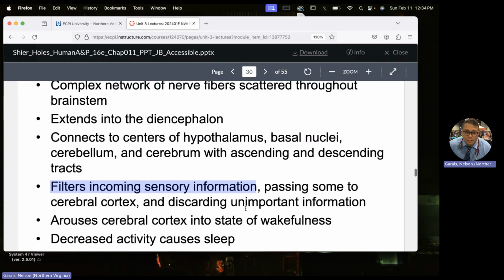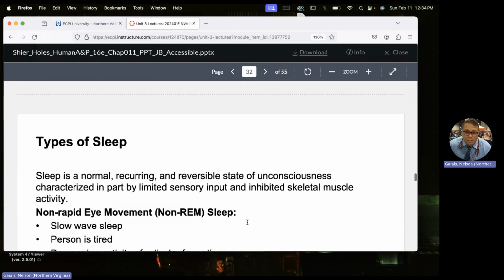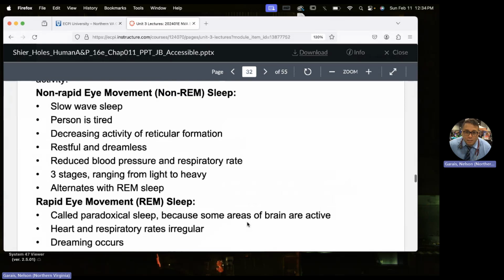So this, along with your thalamus, figures out what's important, what's not important, because you don't need to know everything. And that's what I'm doing with this video here. Do you have to take in everything, every little word in this PowerPoint, every little word in the textbook? No, right? Filter some of this because it's killing some of you grade-wise. You guys are thinking too deeply.